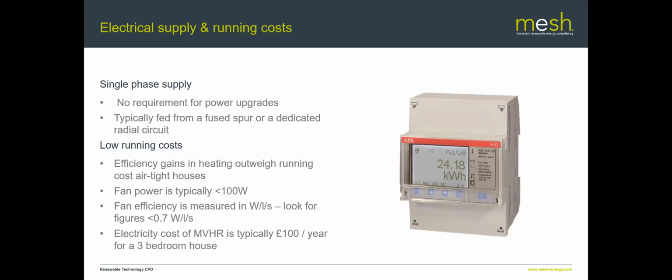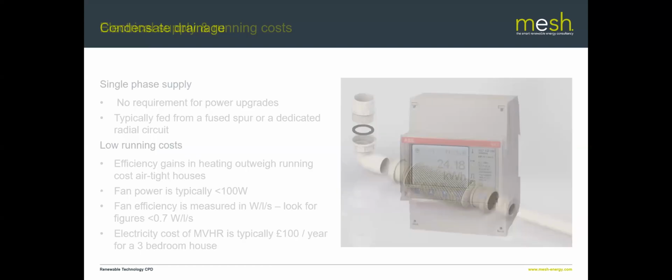Obviously any improvement you make there is a direct benefit, but the more expensive units tend to have better numbers, so it's always a trade-off between capital cost and running cost. But typically the cost of running an MVHR unit is around £100 a year for a 3-bedroom house, which is a good value running cost number.